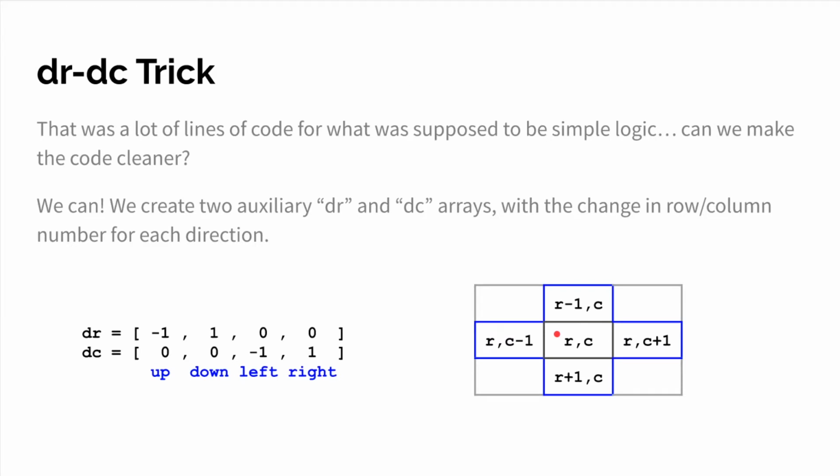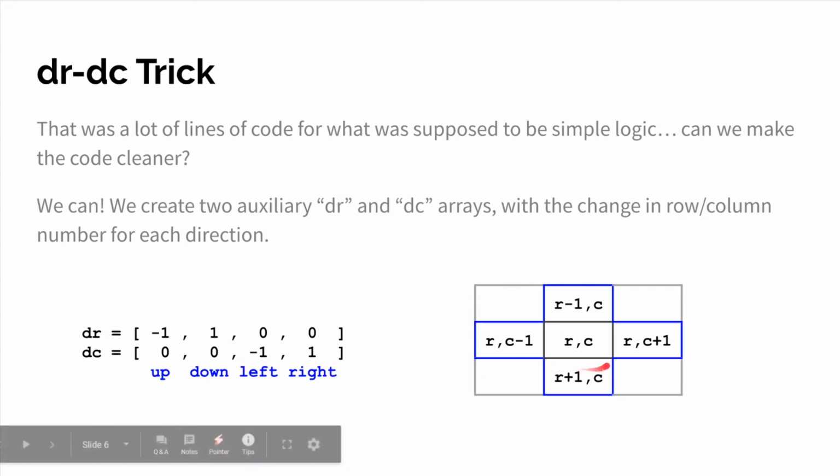We could make this code actually a bit cleaner. We can create two arrays, dr and dc, which means a difference in row and a difference in column array, with a change in row or column number for each direction. So if we think back to our original checking, we would have our original row, column, and we just want to make sure each of these is within bounds.